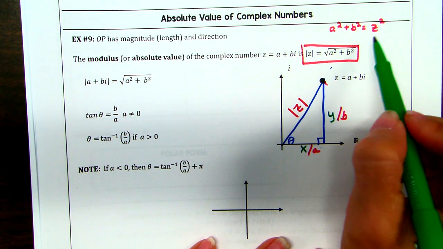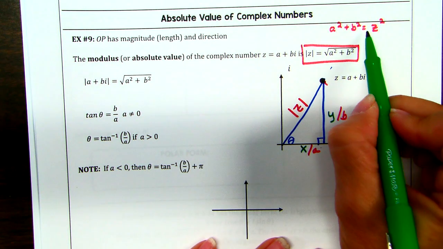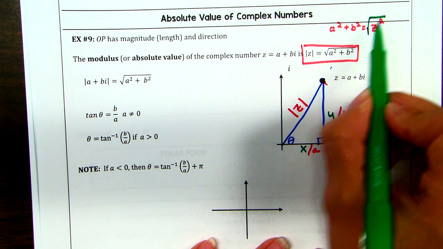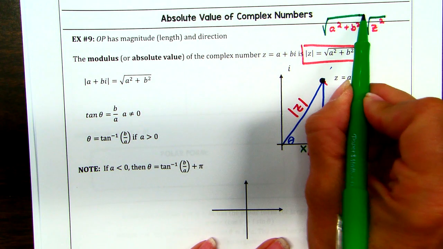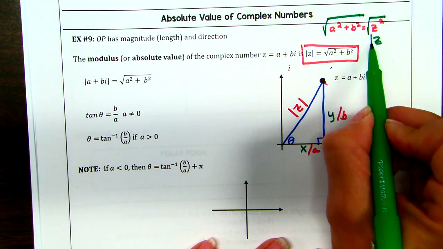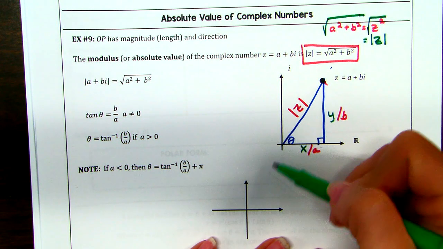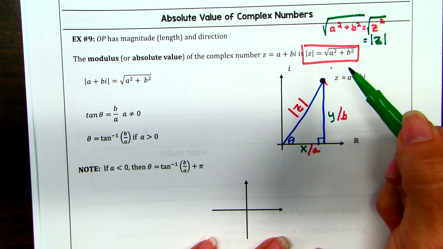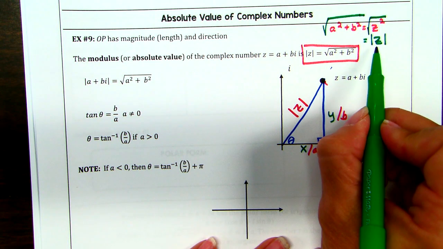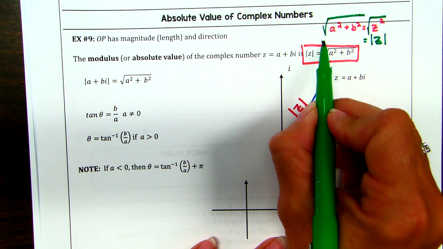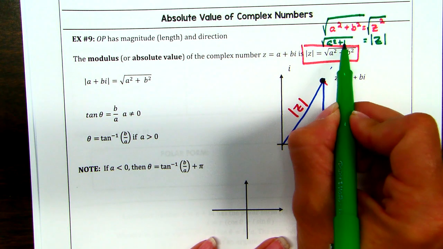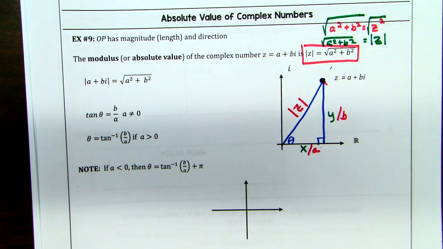You don't have to subtract anything or take the square root. Think about what the next step would be: we would do the absolute value. Absolute value simply means the positive answer. A hypotenuse, a radius, they're always positive. It's a distance, so absolute value just means we keep the positive answer when we take the square root of that side. So this new formula is just the Pythagorean theorem. That's all it is.